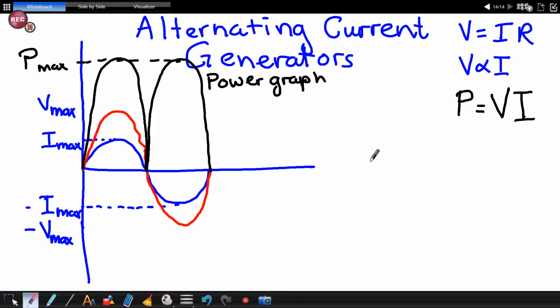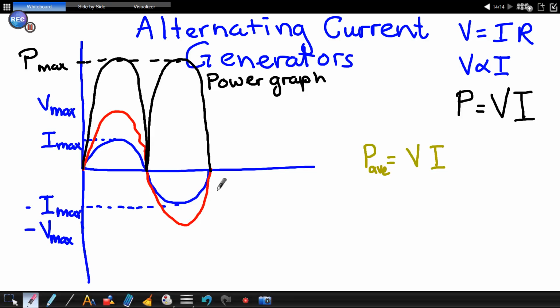Listen. Now, because it's an alternating current generator, the maximum power is not the output power. What you get out is called an average power. Because this thing fluctuates, it goes up and down all the time.